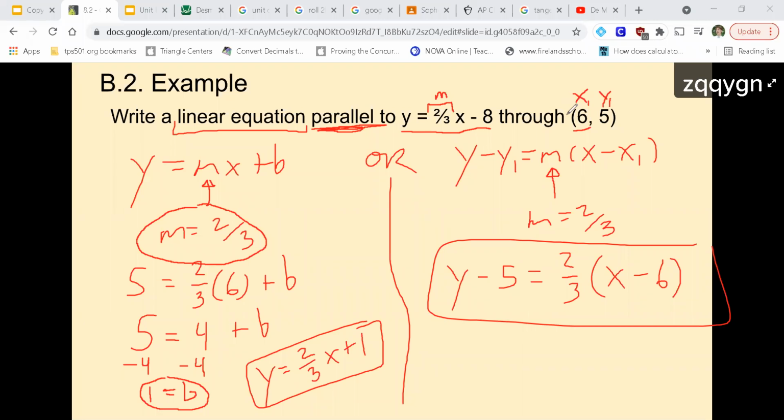For me, for the quiz, test, homework, I accept either answer. If you come to rely on point-slope form, don't forget I can convert this form to this one by simply distributing the 2/3 and then adding 5. If you do that, you'll get this answer.